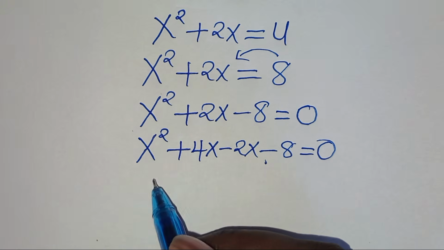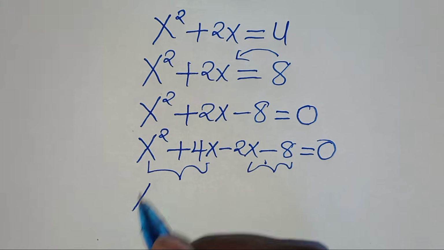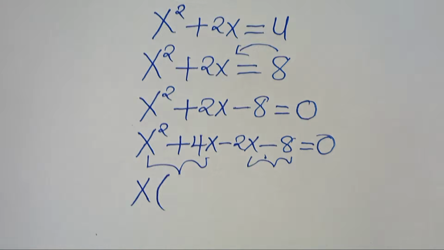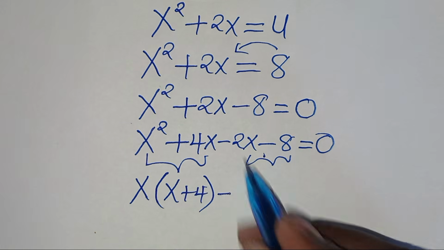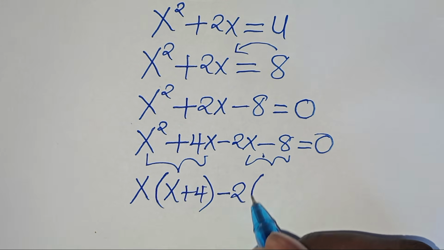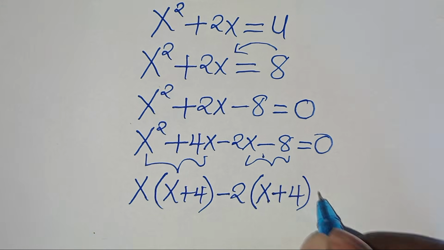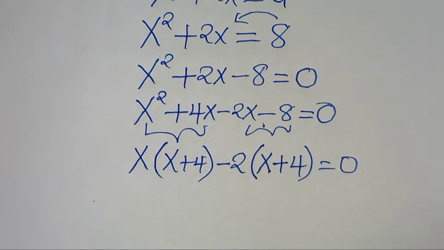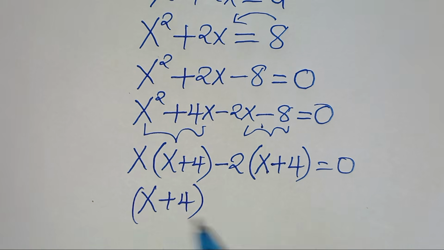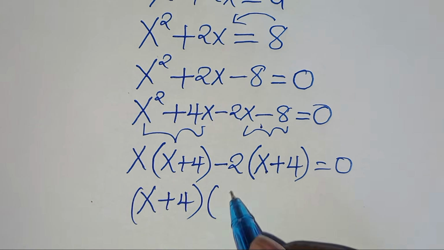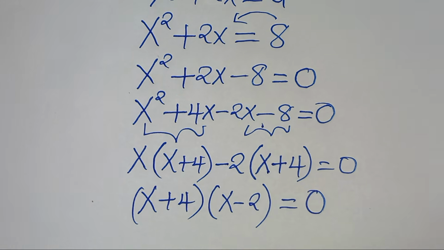So this implies that we have two parts here. From the first part, x is common. We factor out x so that we have x plus 4. Then minus 2 is common in the second part, so that we have x plus 4. This is equal to 0. So x plus 4 is common. We factor out x plus 4. Then we have x minus 2 equal to 0.